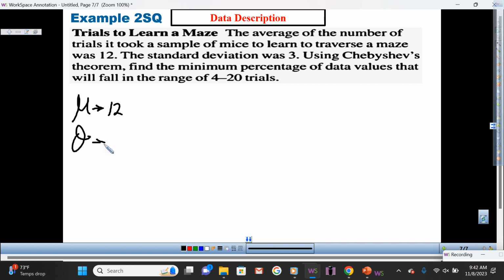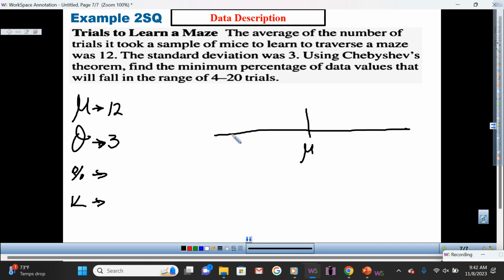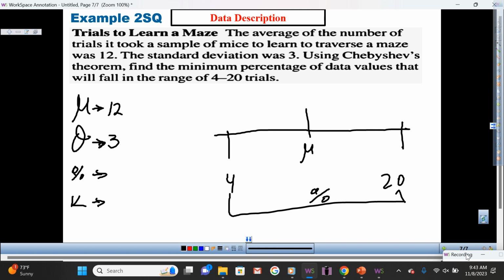Standard deviation, 3. We need a percent, and we need the K. Do they give us the end values? 4 and 20. And we want to find that percent. All right, go.